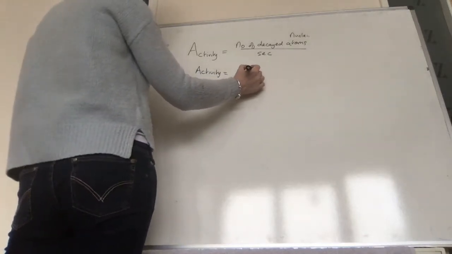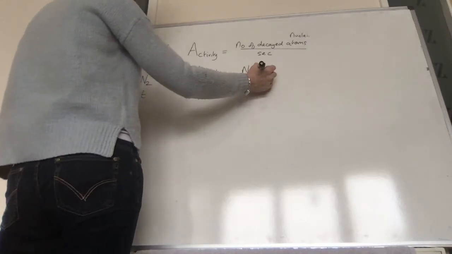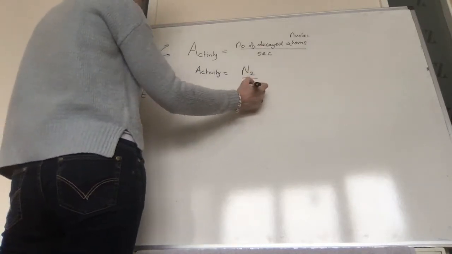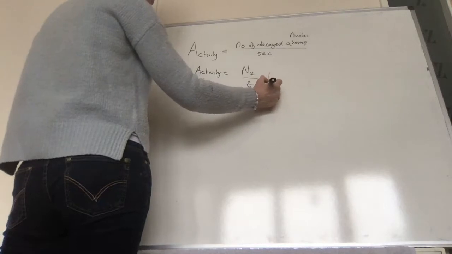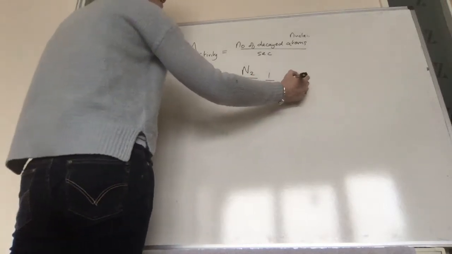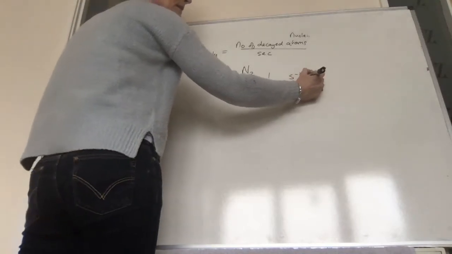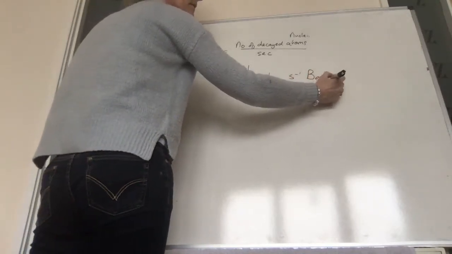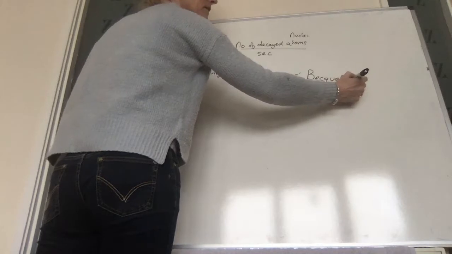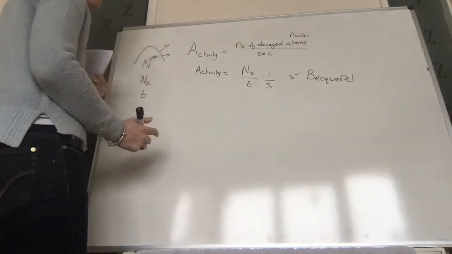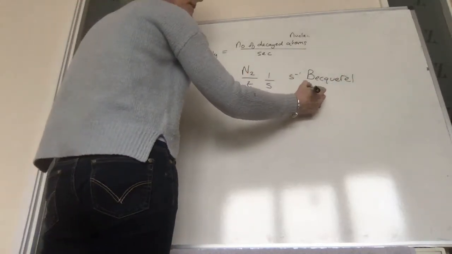And the unit then is, if you think about it, N is just a number, so it doesn't have a unit, and time is seconds. So 1 over seconds, or seconds to the power of -1. But that has a name. Its name is the becquerel, after a scientist, and it's shortened to Bq.